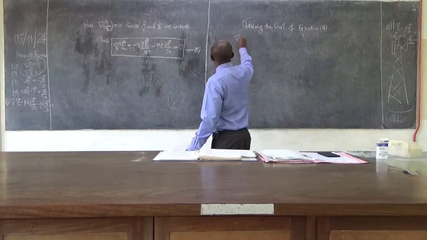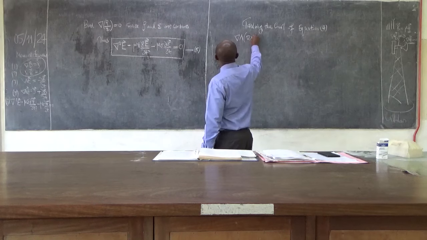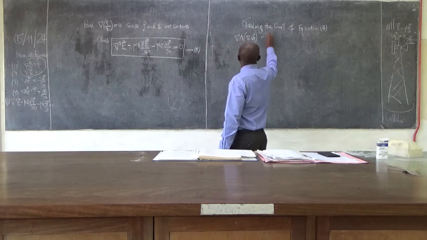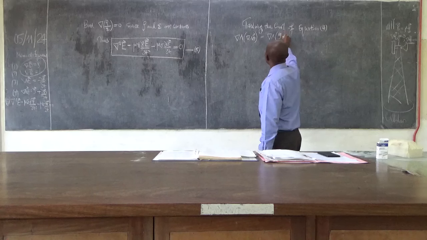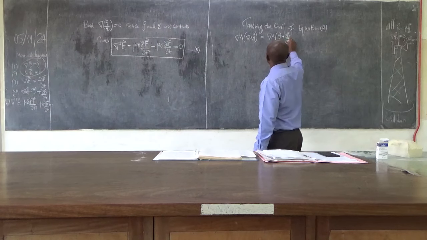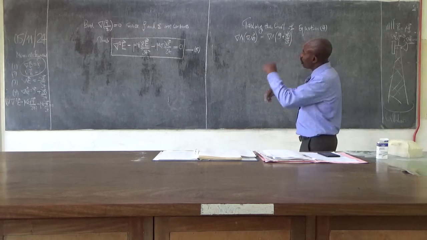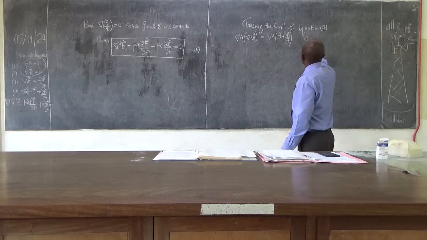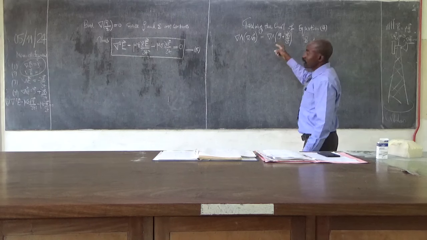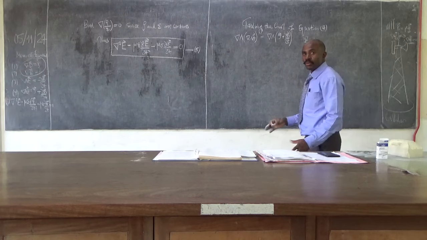So we are taking the curl of H, which is equal to the curl of J plus ∂D/∂t.